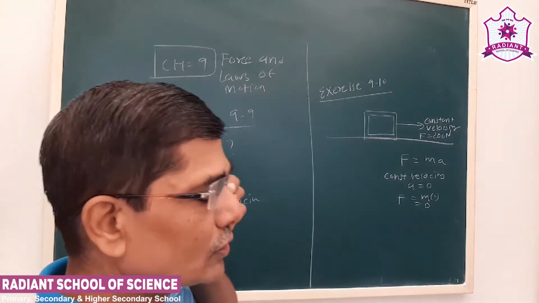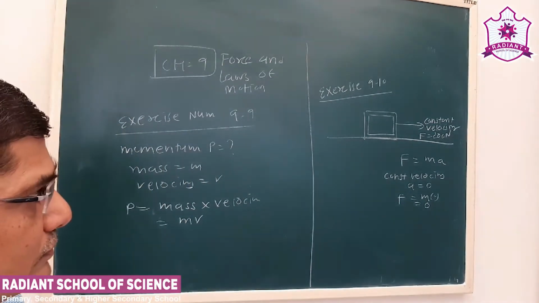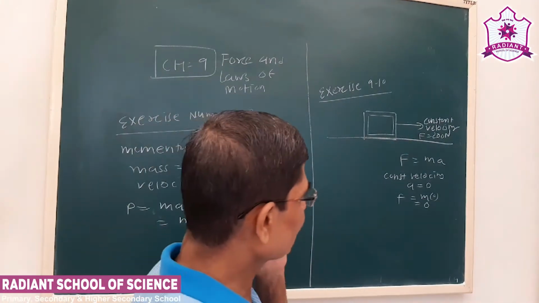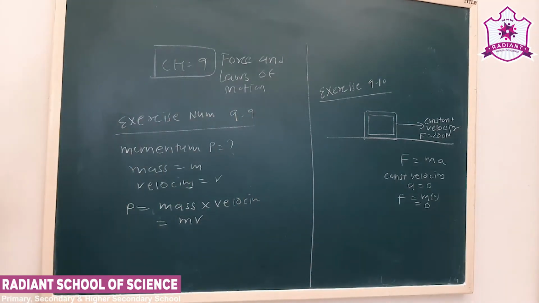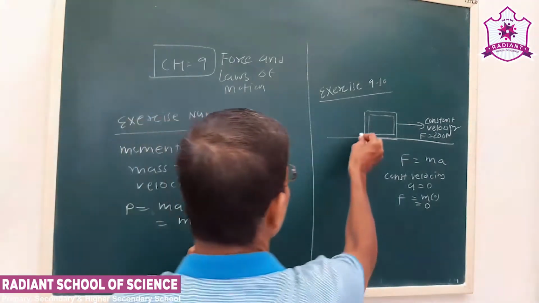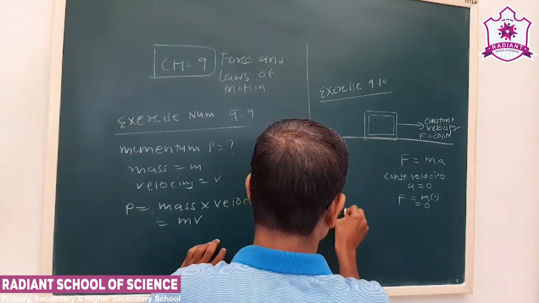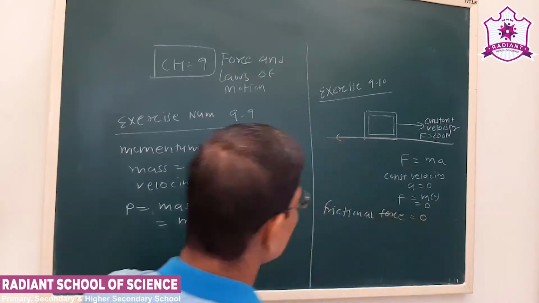The friction force we have discussed is always in the opposite direction of the motion, but that will be just sufficient to balance the constant horizontal force.